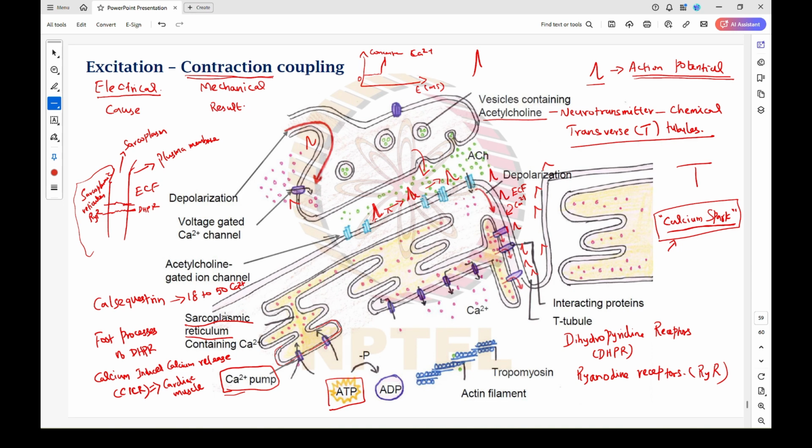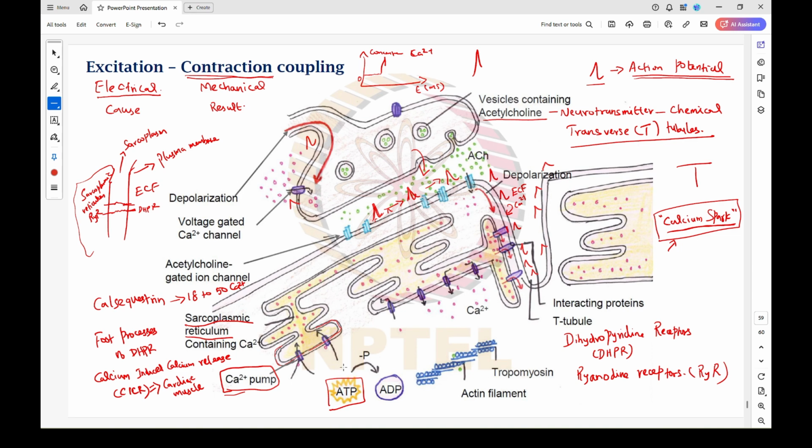But once the calcium is out, is it going to be wasted? No. It's going to pump back into the sarcoplasmic reticulum once the work is done. How is this done? There are channels for outflux of calcium.